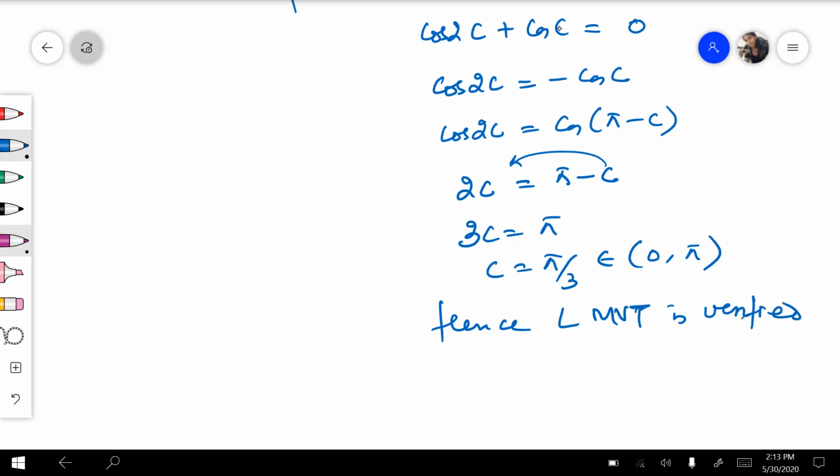अगर आप ऐसा नहीं करना चाहते हो, there is another way to solve this problem.